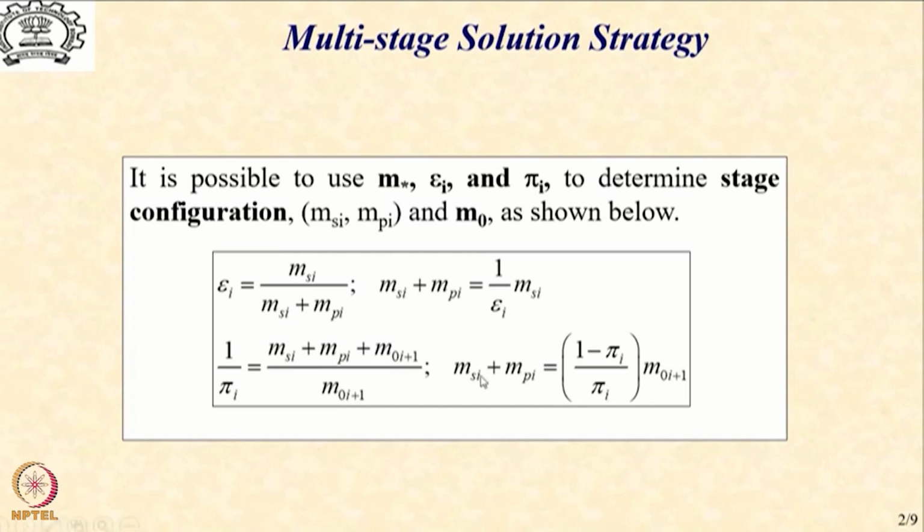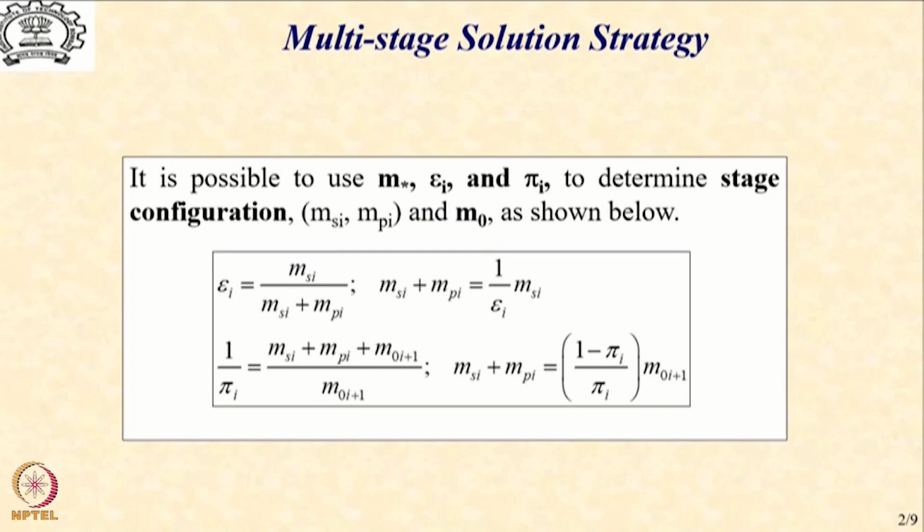And I get another expression for m_si plus m_pi as (1 minus pi i) by pi i into m_0,i+1. So now, as you can see, I have two equations for m_si and m_pi as unknowns in terms of the two known parameters epsilon i and pi i.